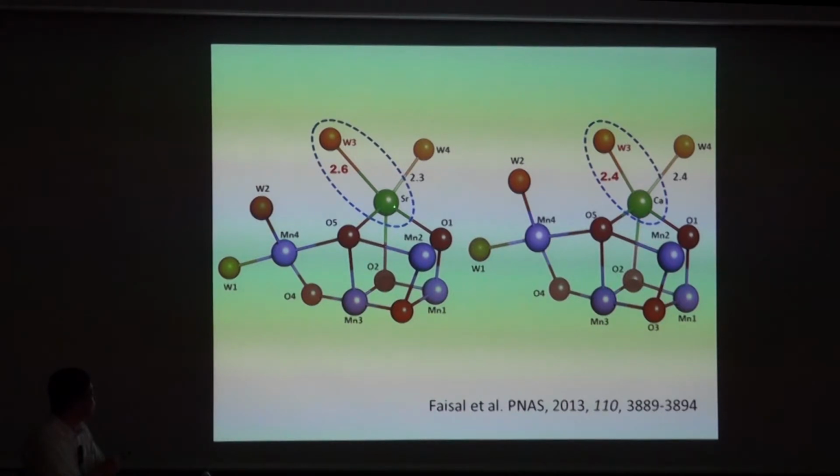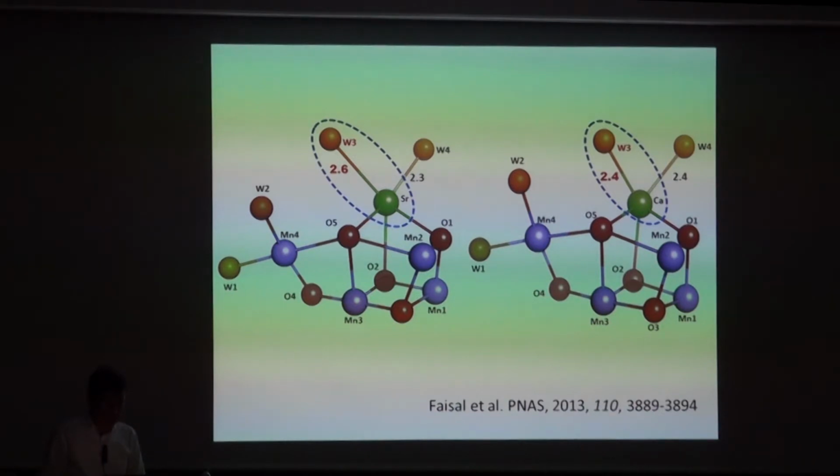The strontium to W3 bond length becomes 2.6 angstrom, which is not much, but longer than the original 2.4 angstrom in the calcium PS2. So this suggests that the position of W3 is more affected by the replacement of calcium with strontium.